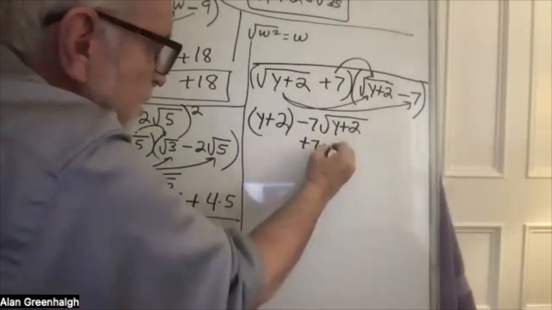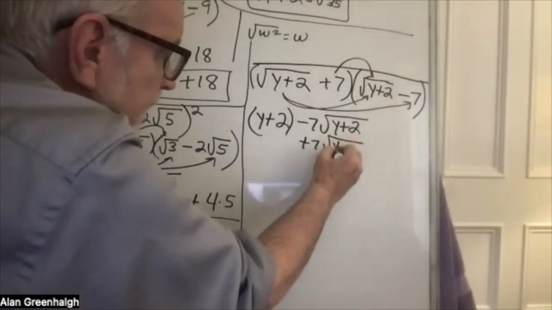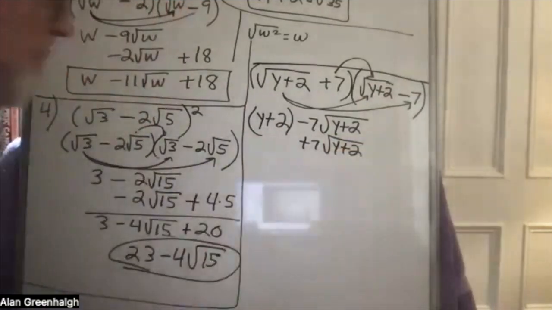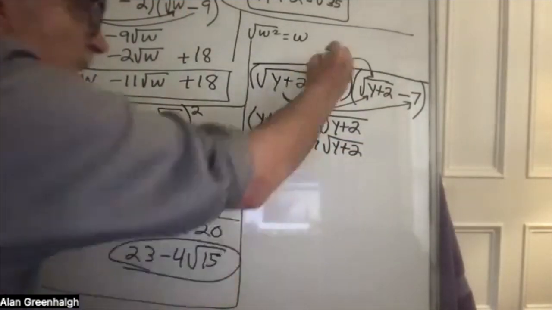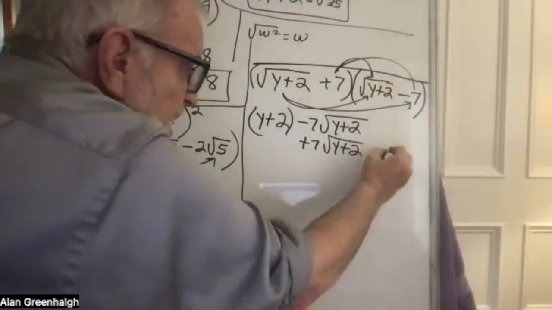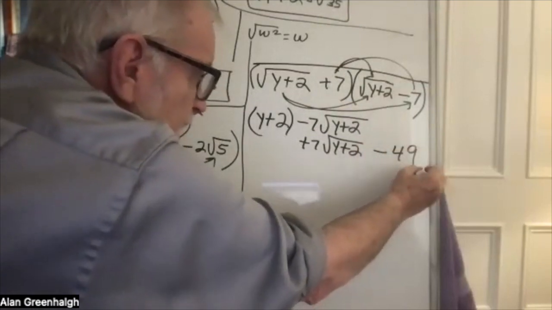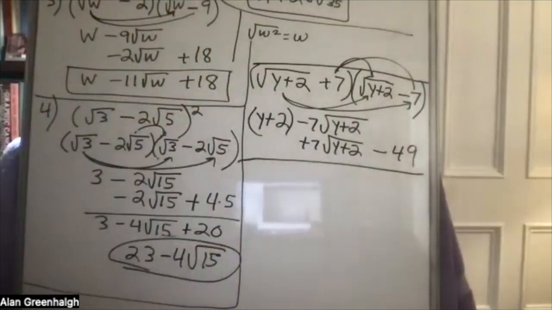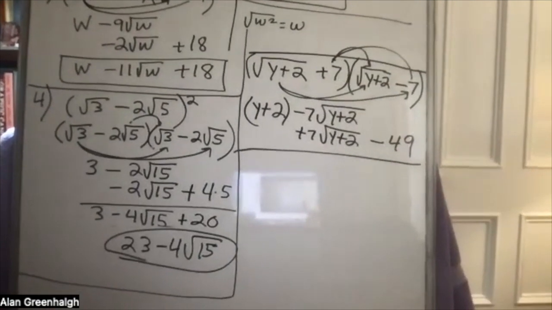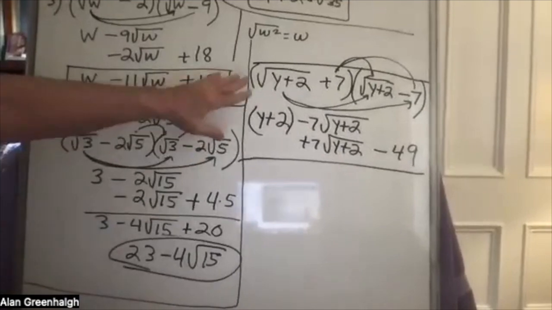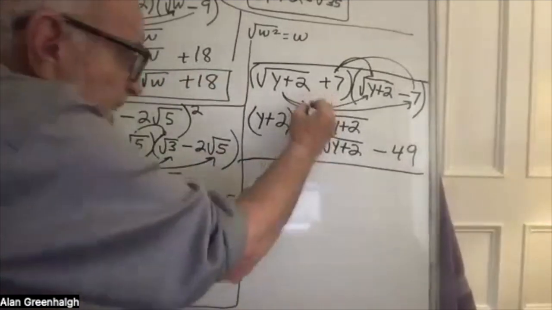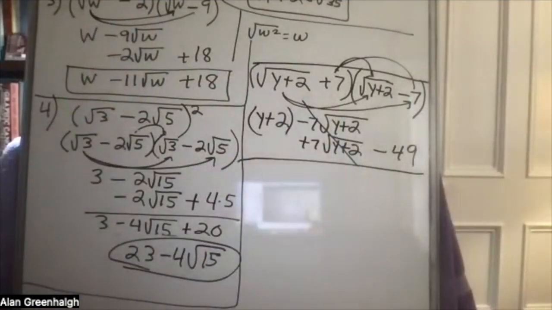Conjugate binomials always have that middle term dropping out. And then this times this is negative 49. So this is what happens. The fact that we've multiplied conjugate binomials together means that this will drop out. And you don't even really have to do that.